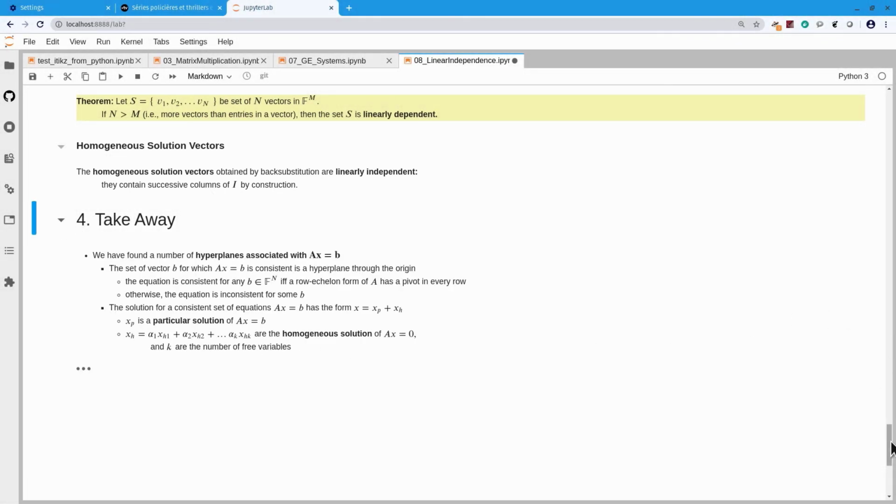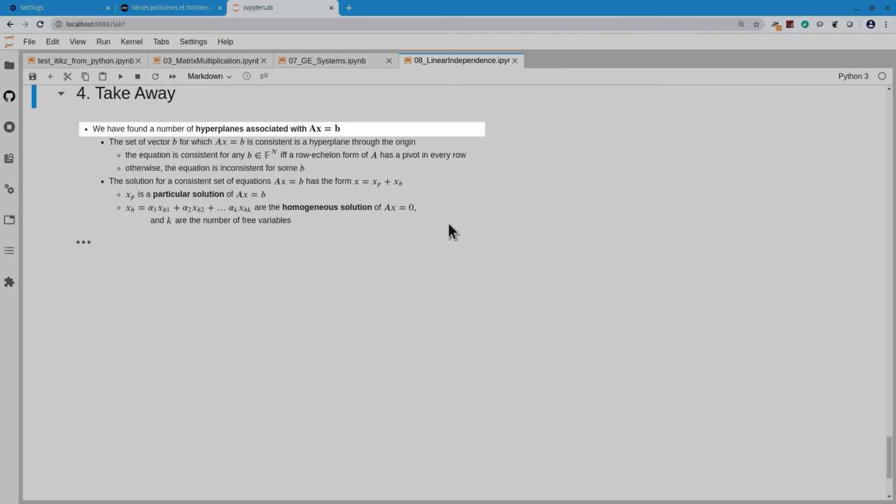The takeaway then? Well, we found a number of hyperplanes associated with AX equals B. The first remark was that AX equals B is consistent only if B is in the span of the columns of A. So it's only if B is in a hyperplane through the origin.